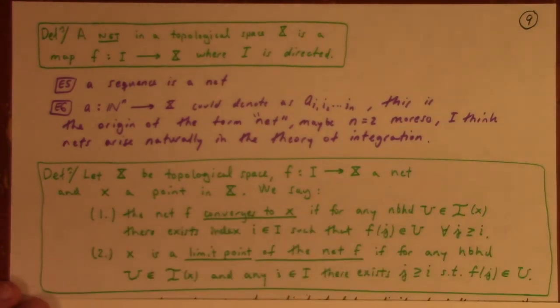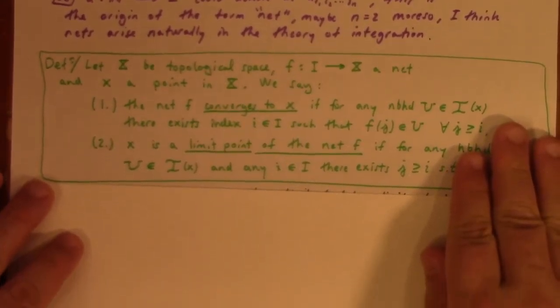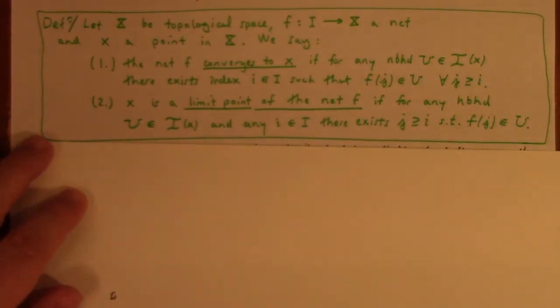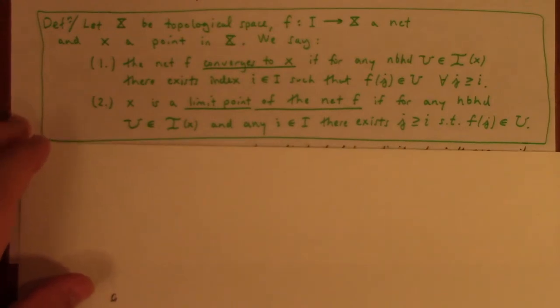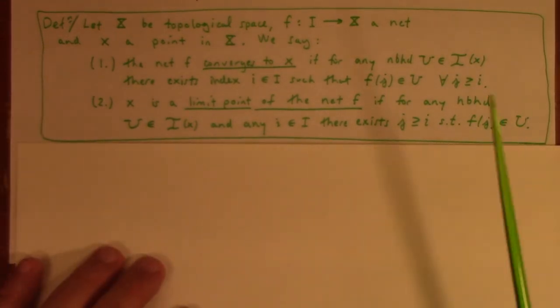But anyway, you can define convergence, and you can define limit point, and it's very reminiscent of the definition we gave for sequence. Now, instead of working with integers sufficiently large, you work with indices in your directed set.